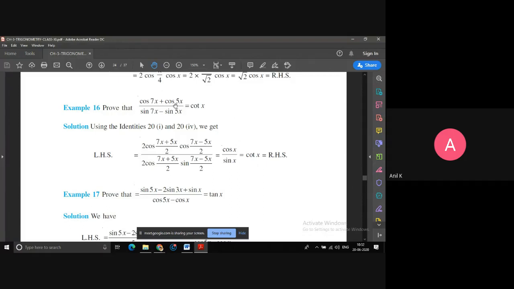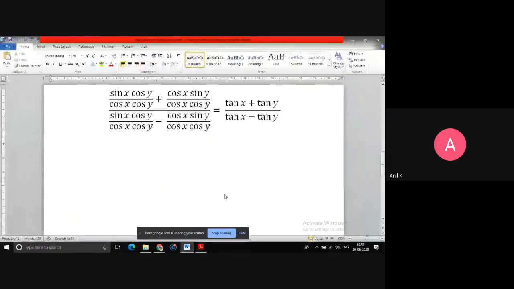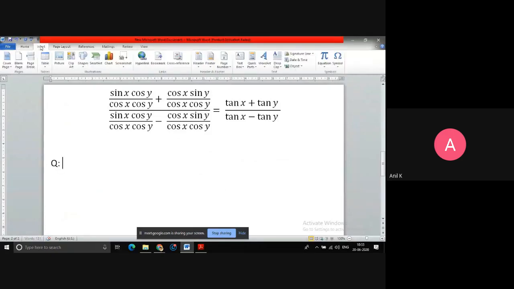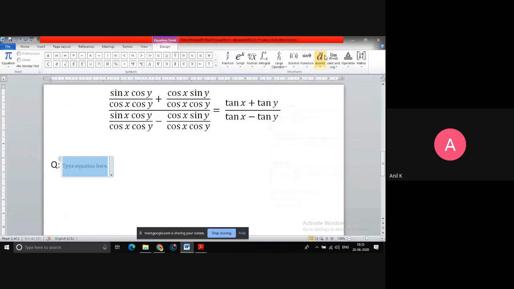Cos 7x plus cos 5x upon sin 7x minus sin 5x. So let me insert this question here. How do I solve? Insert equation, fraction. I think I have to increase the font size.